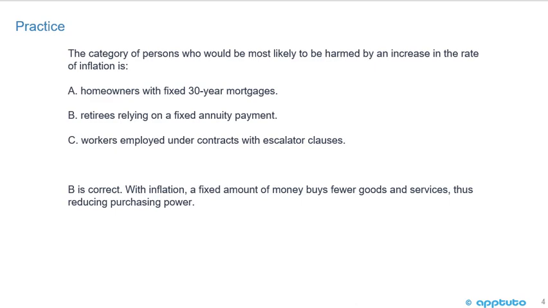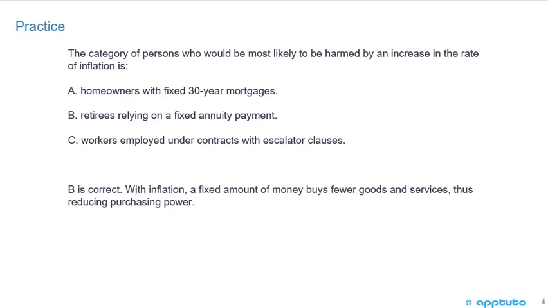So the category of persons who would most likely be harmed by an increase in the rate of inflation would be the retirees relying on a fixed annuity payment, because with inflation, a fixed amount of money buys fewer goods and services, thus reducing purchasing power. We see with A, homeowners with a 30-year mortgage, well, with inflation, that reduces the liability. So inflation is actually potentially a positive to people that have a large amount of debt.